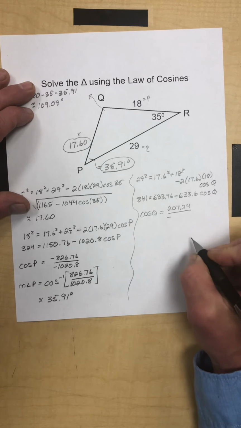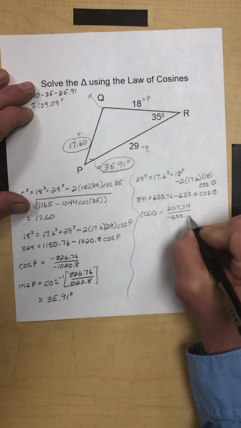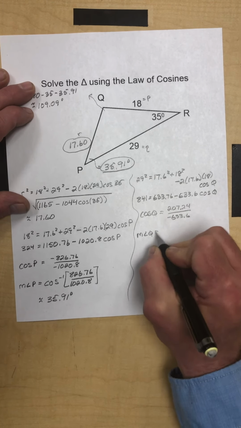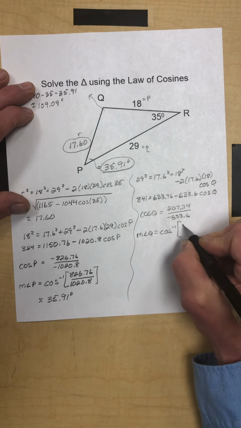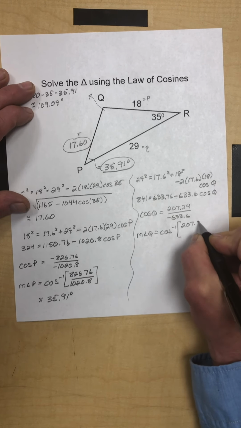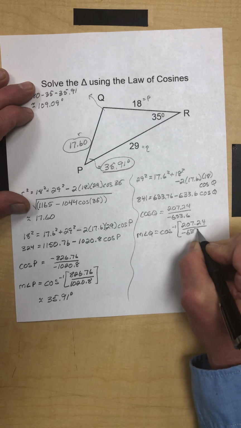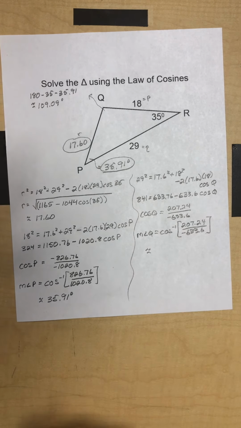If you lose that negative sign, you're not going to get the right answer. So 633.6. The measure of angle Q will be the cosine inverse of this ratio, 207.24 divided by negative 633.6. We go ahead and punch it in and see what we get.